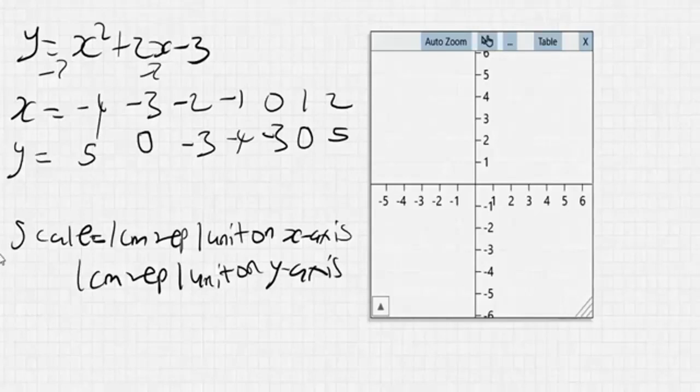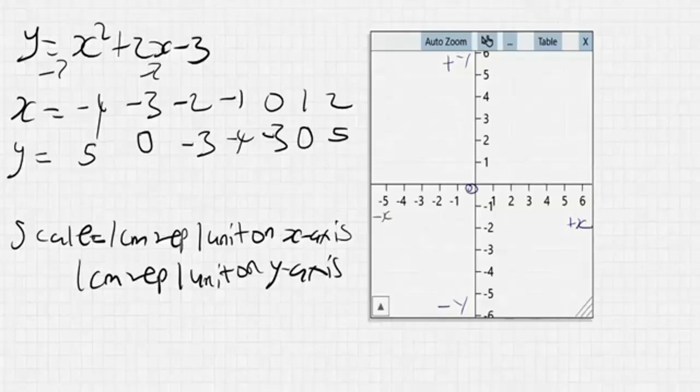Very important, indicate the scale of your graph. As we all know, in this graph we have a midpoint, which is 0. These are the positive y-axis, these are the negative y-axis, these are the positive x-axis, and these are the negative x-axis.